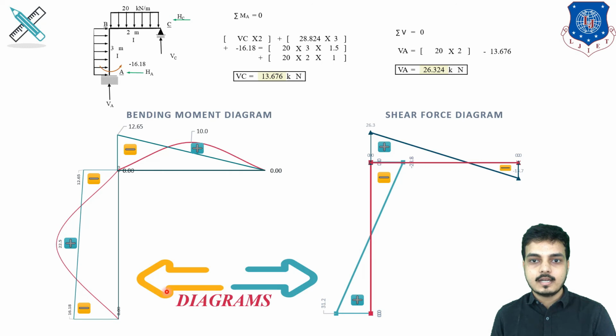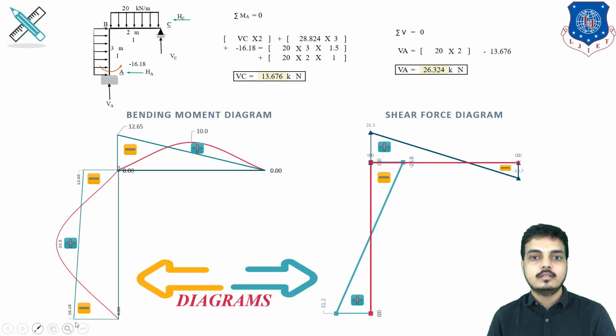Now you have to look while standing in this direction. To draw this bending moment diagram, you have to look in this direction. While standing over here, you will get this as the left side and this as the right side. Left side negative should be up, so it is up. Right side positive will be up, so it is up.